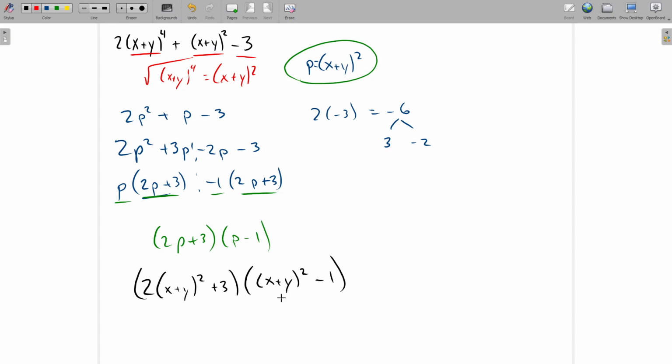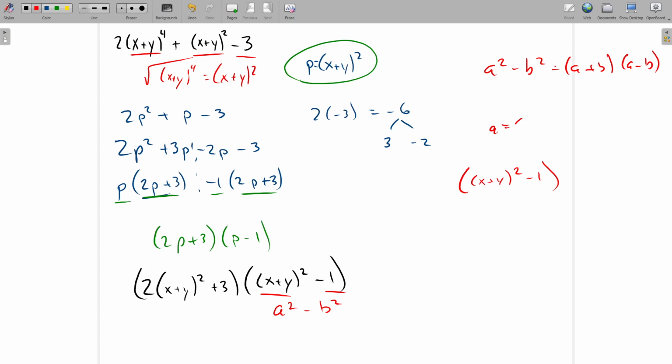But what we should recognize is that this factor is in the form of a squared minus b squared. So this factor, (x plus y) squared minus 1, can be factored again using the formula a squared minus b squared is equal to a plus b times a minus b. Right? Where a is x plus y and b is 1.